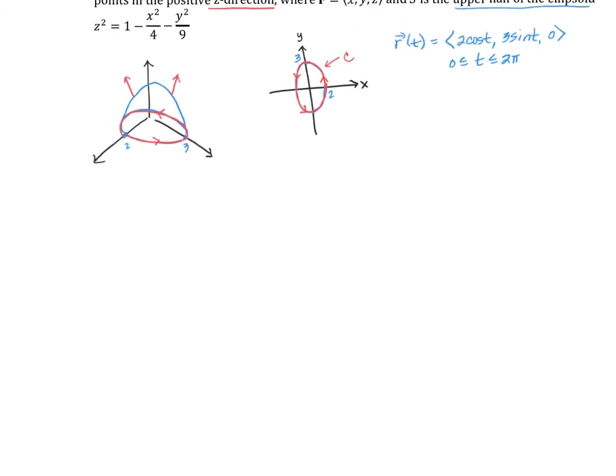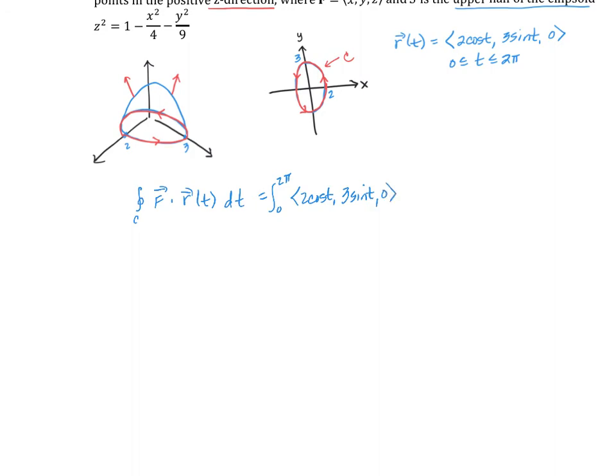I'm going to look at this line integral over the curve, which is going to be the integral from 0 to 2 pi. My vector field f, written in terms of t, would be 2 cosine of t, 3 sine t.